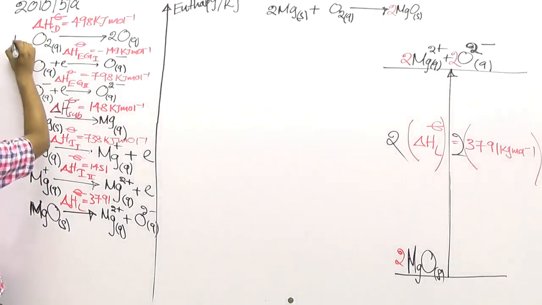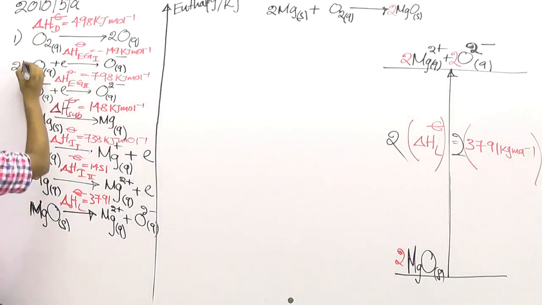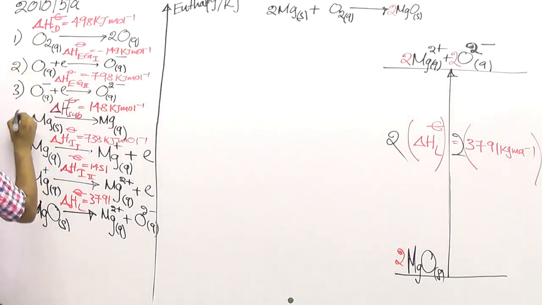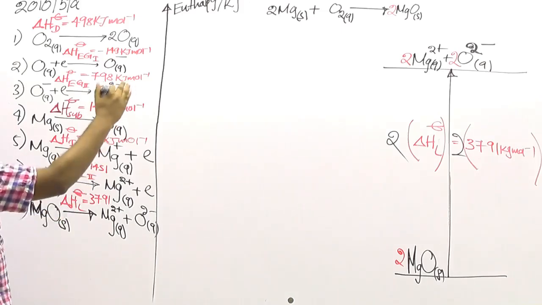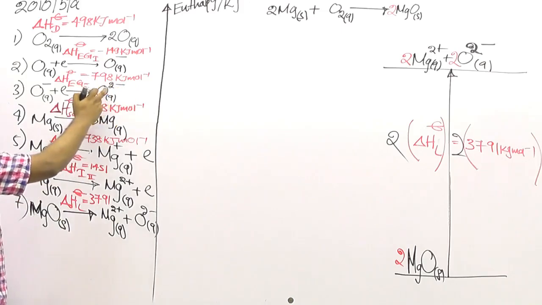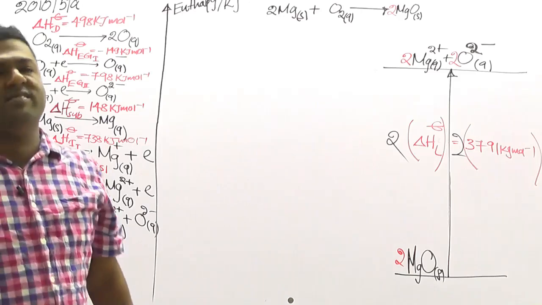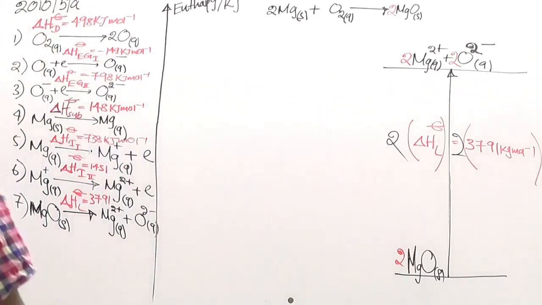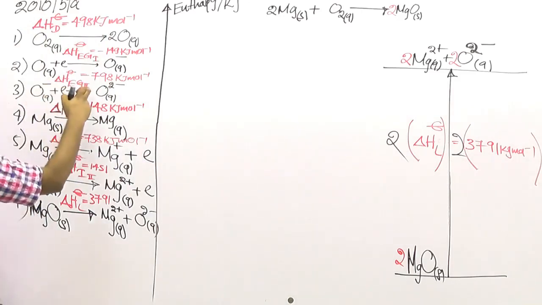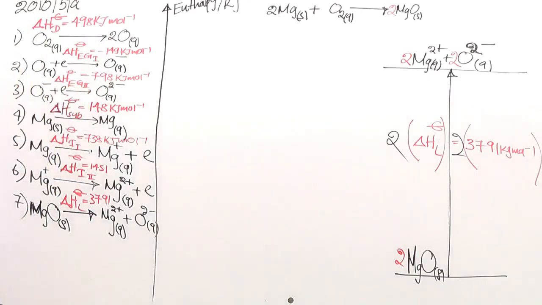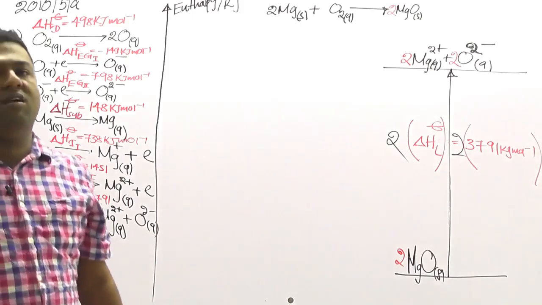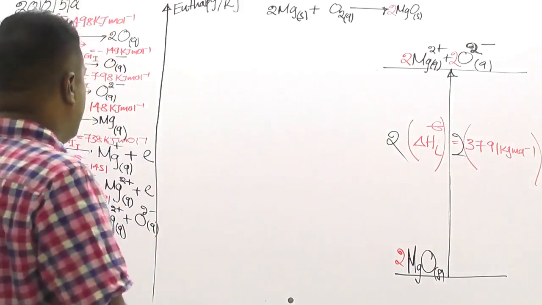I'll give numbers: first, second, third, fourth, fifth, sixth, seventh. So O2 minus is common with the third equation, that is the second electron gain energy.